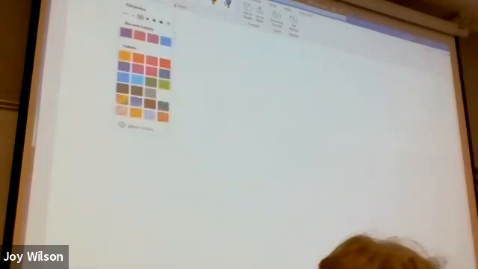A couple of other things. Last bit of notes on this. What if we want to know the velocity time function? So we've got position time is a cosine function. And I'm gonna move this over a little bit.